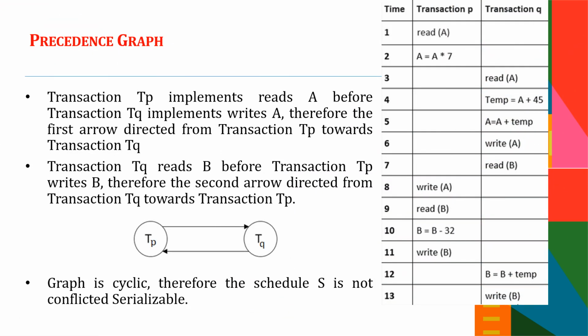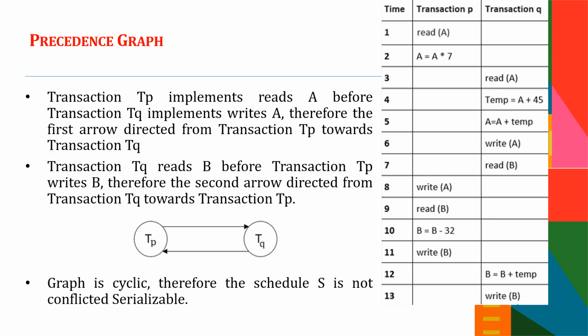Let's look at an example. Here we have two transactions, namely transaction P and transaction Q. So we need to create two nodes, one for transaction P and the second for transaction Q. That is the first step in the precedence graph creation. Then the second step is to draw the edges between these nodes.